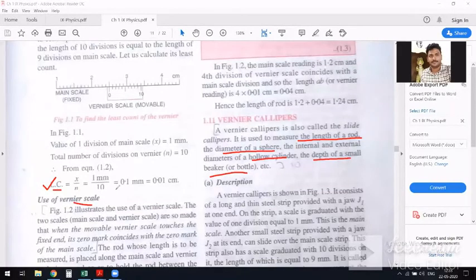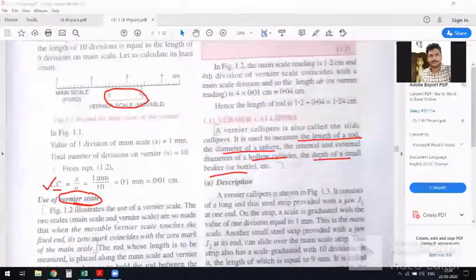Now the use of vernier scale: this sliding part that is made on the main scale is actually the main working principle behind giving us greater accuracy as compared to the common scale that we are using. So this vernier scale is actually used for specifying the accuracy of measurement. Now how your measurement is done, we are going to learn that.